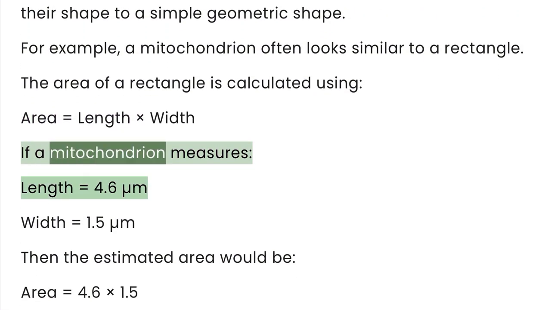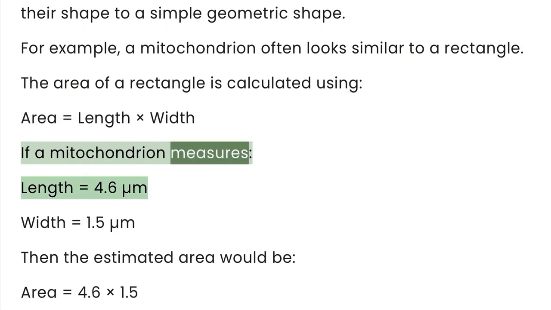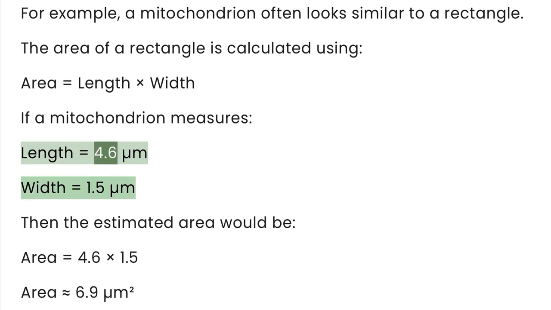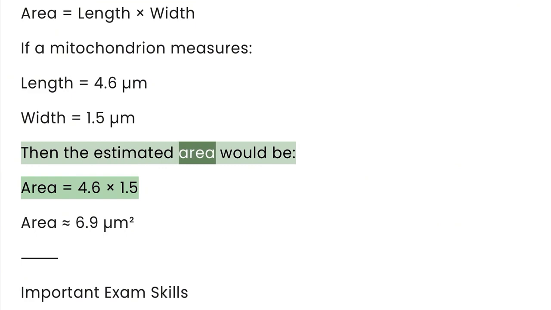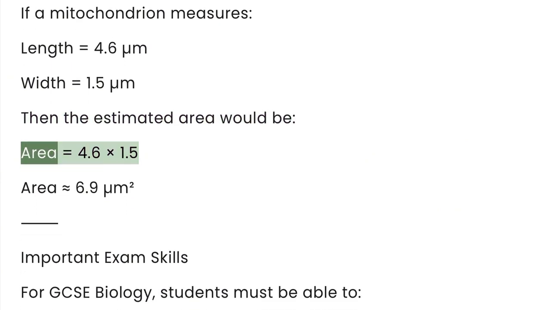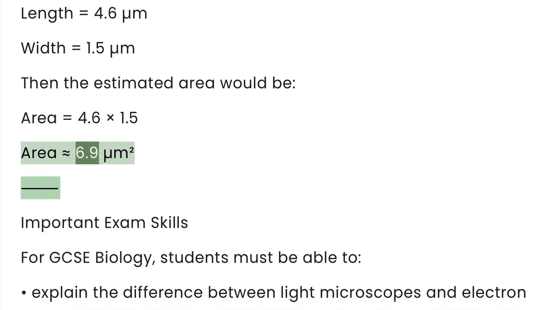If a mitochondrion measures length equals 4.6 micrometers, width equals 1.5 micrometers, then the estimated area would be area equals 4.6 × 1.5. Area equals 6.9 square micrometers.